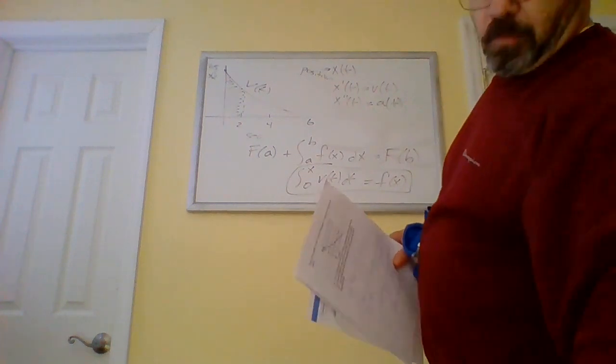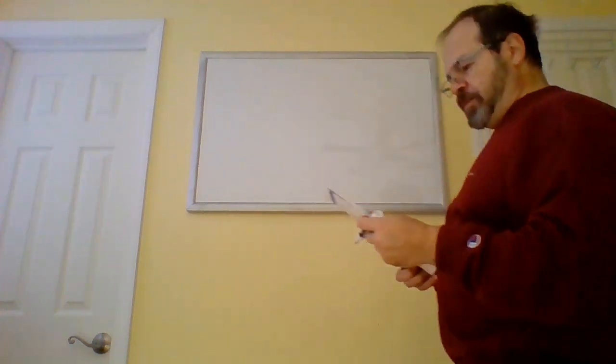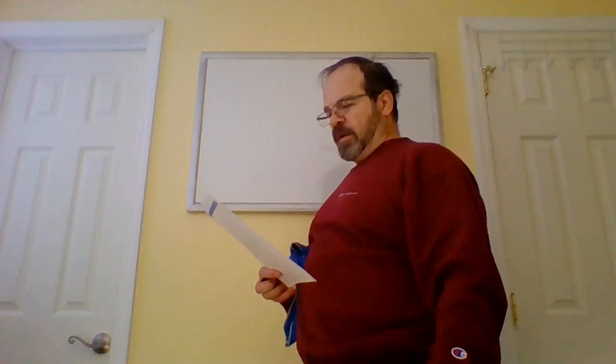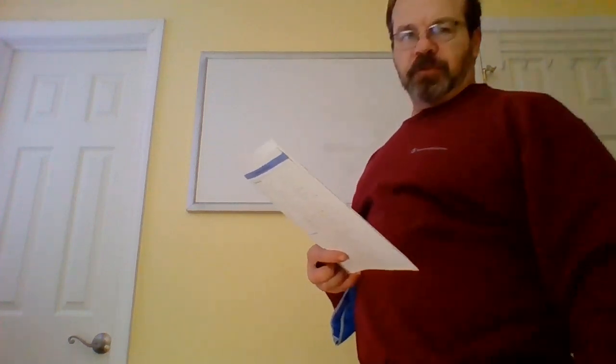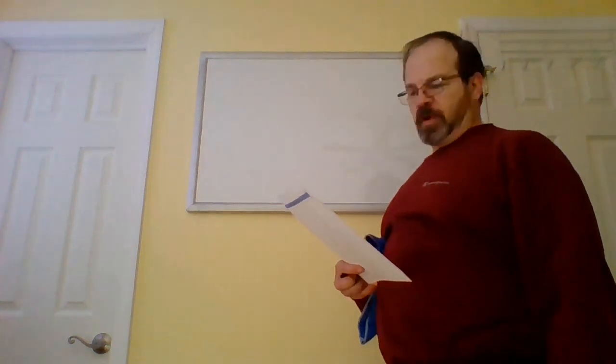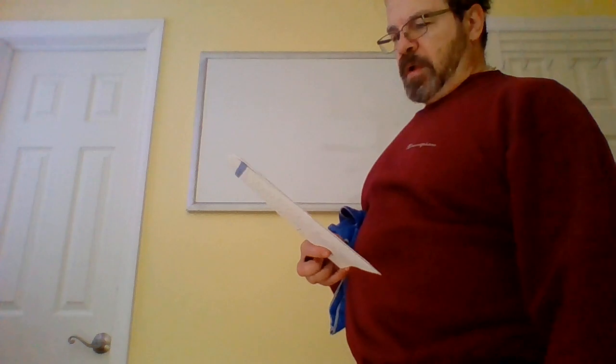So let's go on to part B. Our job is to approximate the car's braking distance. Now it says using upper sums. We don't do upper sums. It's not part of the AP curriculum. Don't worry about that. But we can use the trapezoidal rule.